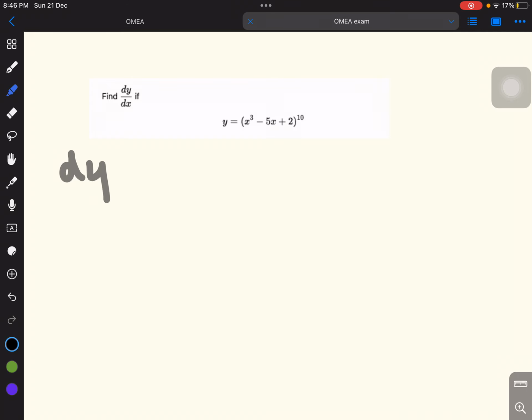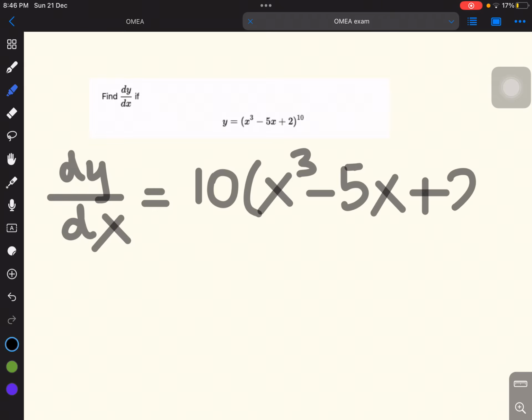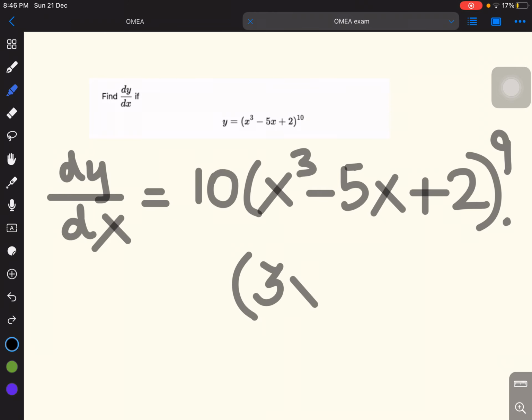How do we solve this? dy by dx, again by using the chain rule, is 10 (x cube minus 5x plus 2) raised to the power of 9, and then further multiplying it by whatever is given in the brackets, differentiating that, which is 3x square minus 5.